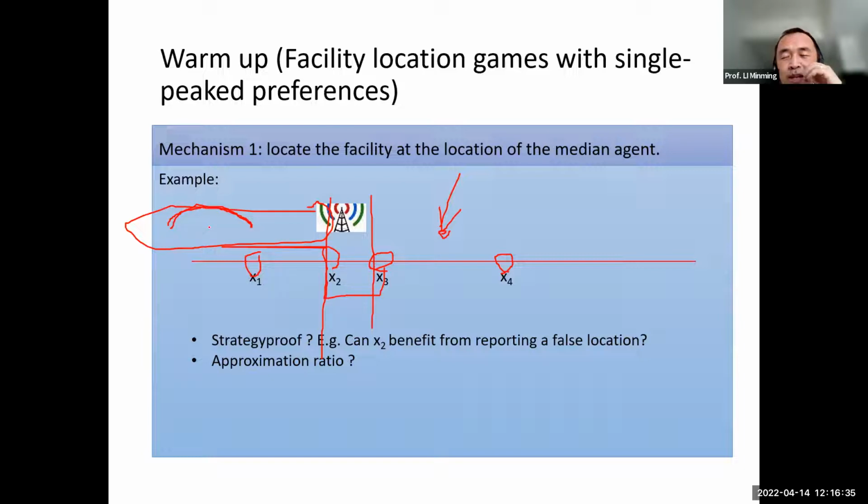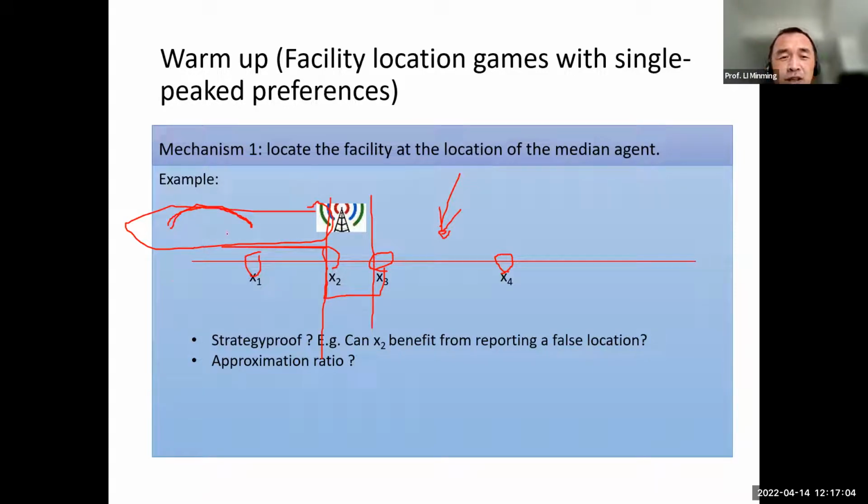So if somebody on the left of X2 says, oh, I changed my position, I'm not here, I'm there, but they are still on the left of X2, then basically the position of X2 isn't hurt. There's still some kind of middle, right? Middle left. So output is still there. Now for these people, they will not cheat, right? So they will not cheat, at least they will not cheat to be still on the left of X2, right? And then you may say, maybe they will cheat to be on the right of X2.